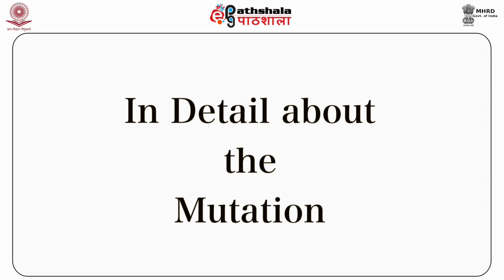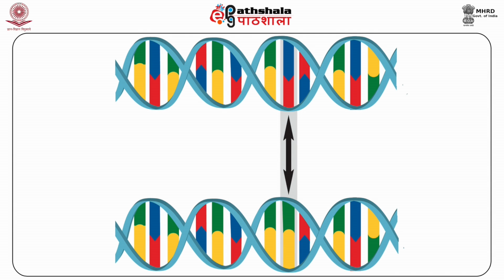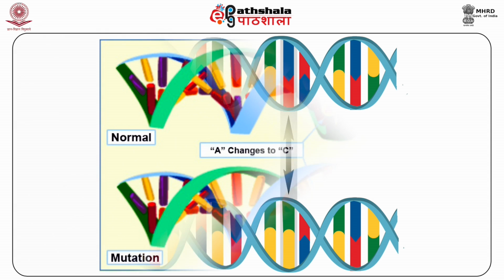Now, let us learn in detail about mutations. Mutation is a change of the nucleotide sequence of the DNA or a change in the structure of a chromosome. Mutation is basically caused by mutagens, which create mistakes in the base sequence of DNA.